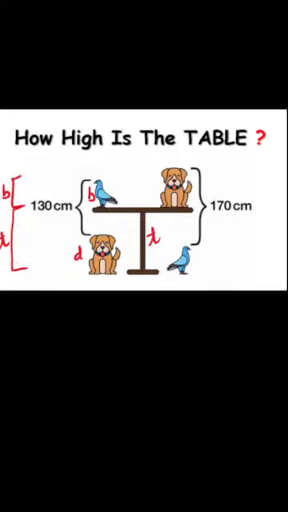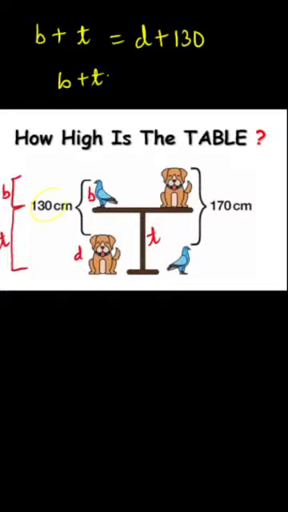So for the left hand side, B plus T is equal to how much? This is 130 and this dog, that is D plus 130, correct? So from here I get the equation B plus T minus D is equal to 130, right?